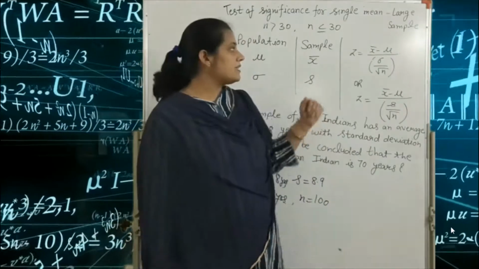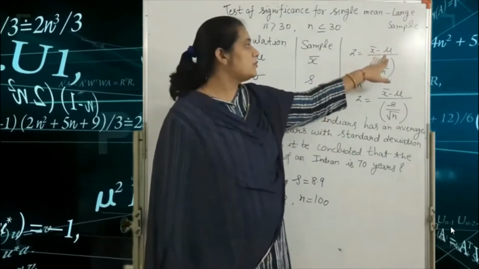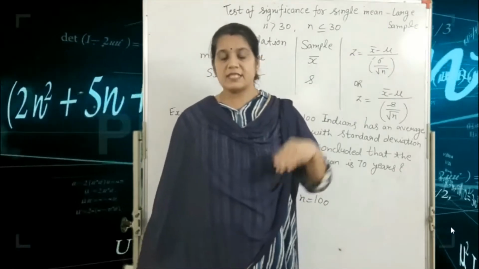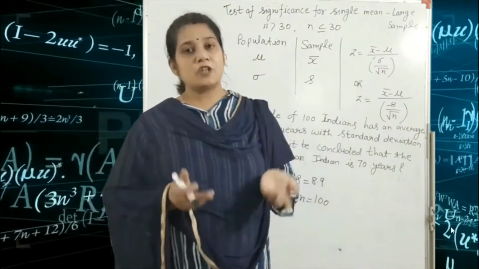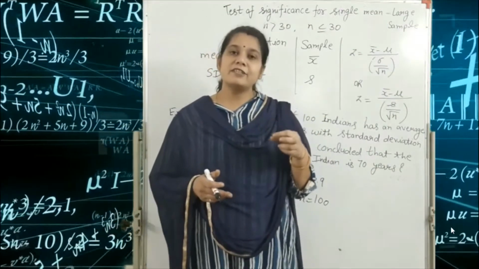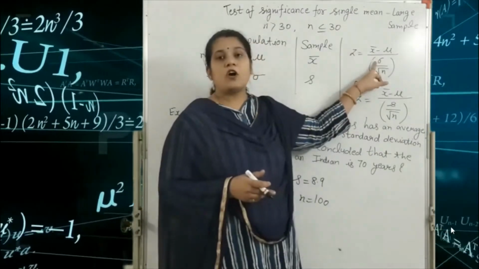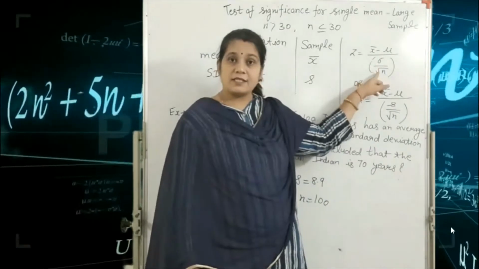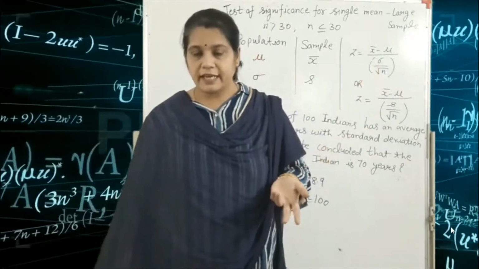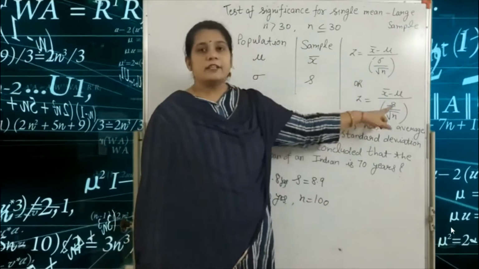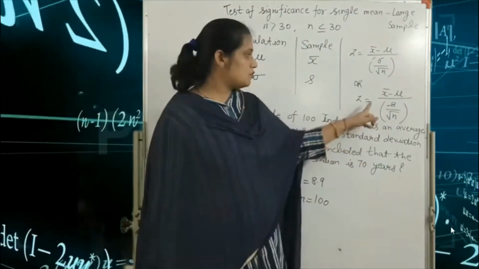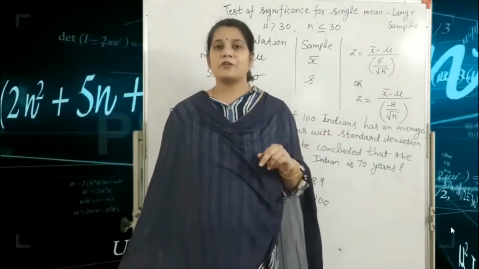So we write z equal to x bar minus mu divided by sigma upon root n if the standard deviation is given according to the population, and if our question depends on the sample standard deviation, we write s upon root n.